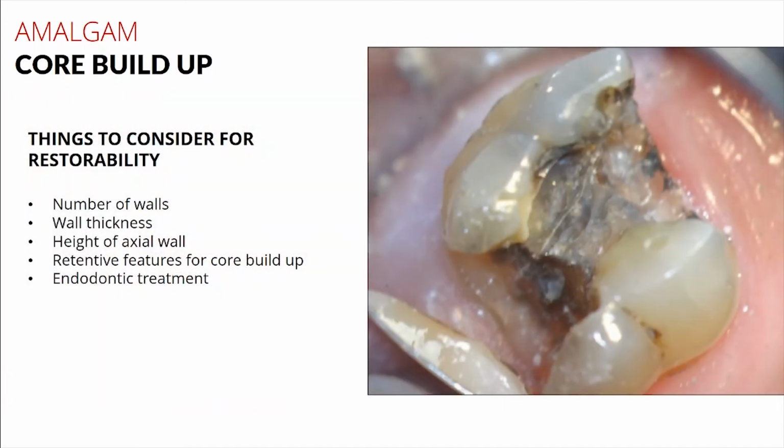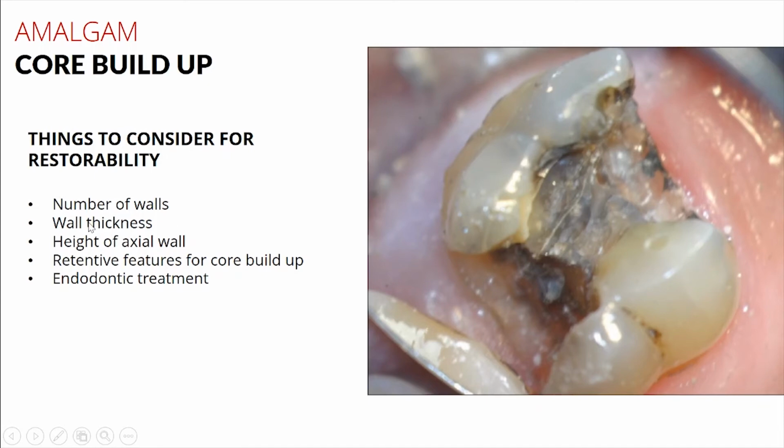So let's get into this next slide, and just some things to consider when you're determining restorability. One of the things I look for is just the number of walls. So remember, a buildup needs to be able to be retained. So you're thinking, once I prepare it for a crown, is that buildup still going to be able to stay within the natural tooth structure?